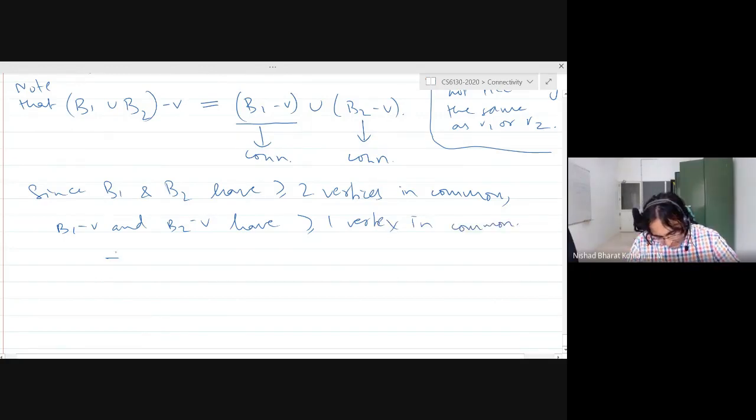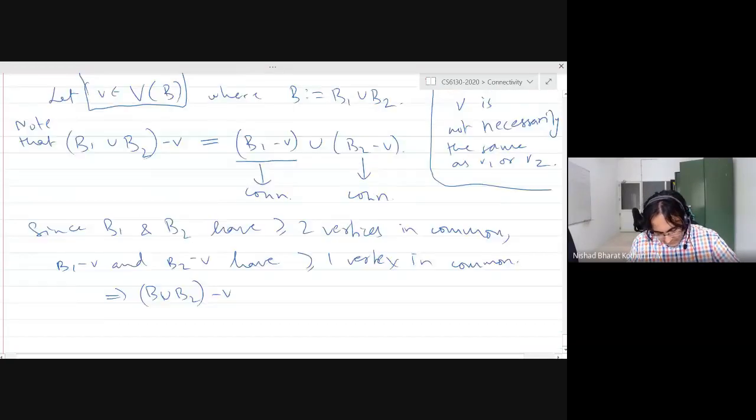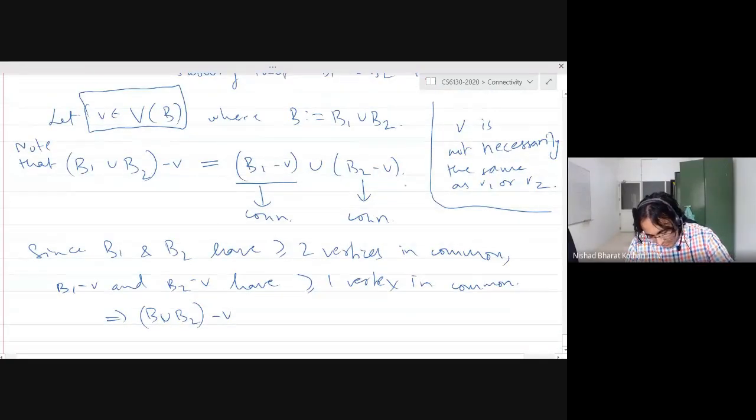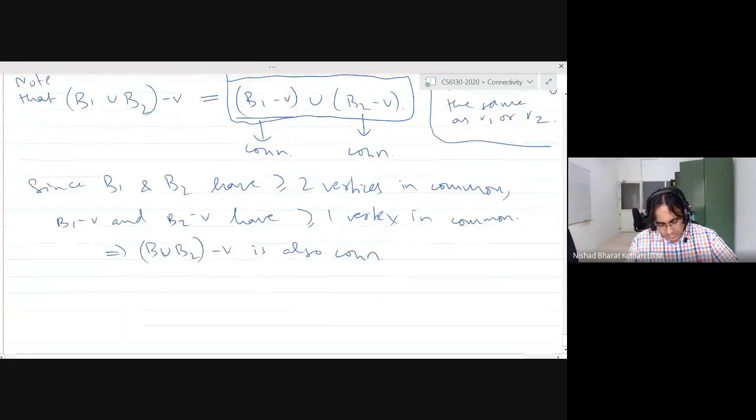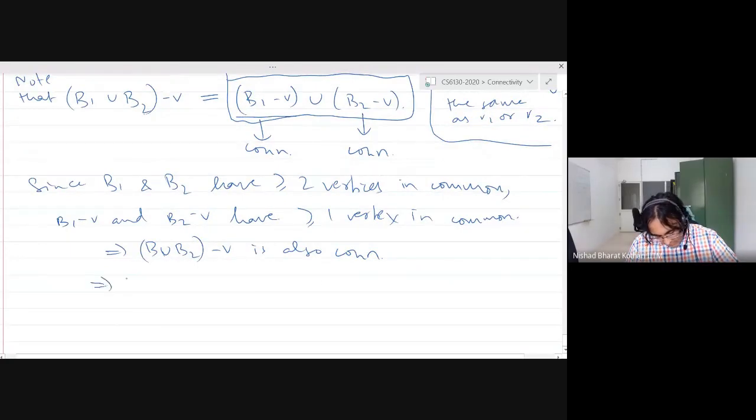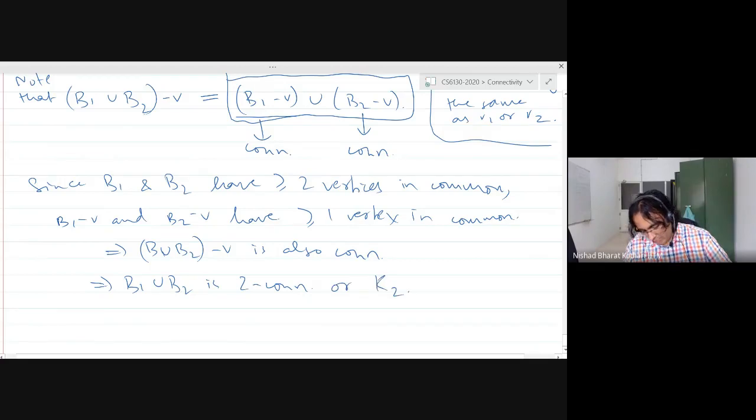This implies that B1 union B2 minus V, which is the same as this guy, is also connected. This implies that B1 union B2 is 2-connected, or K2.